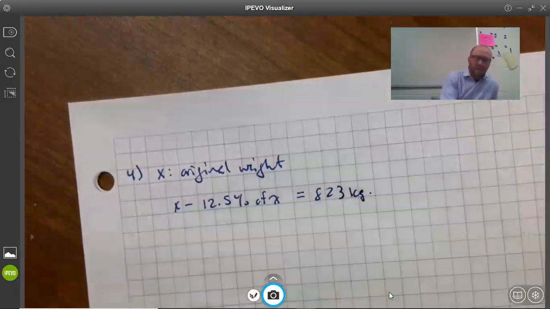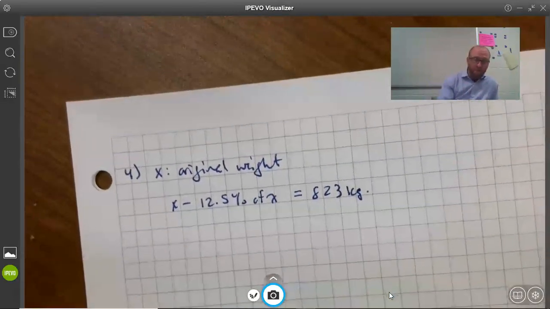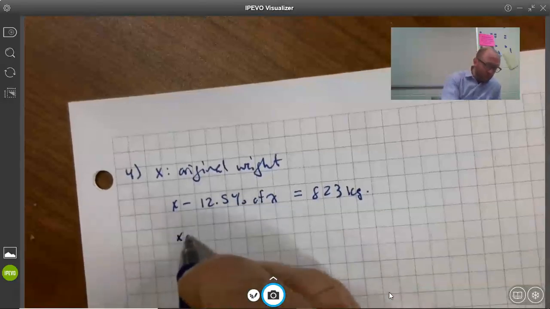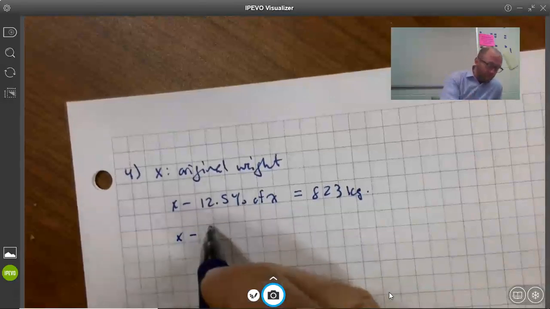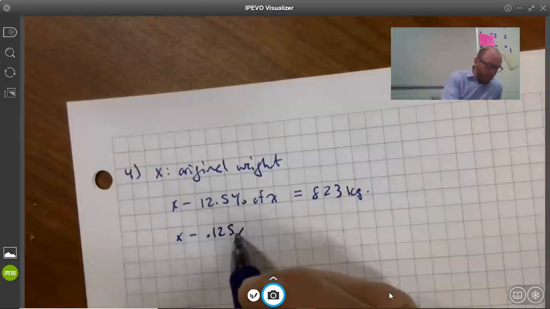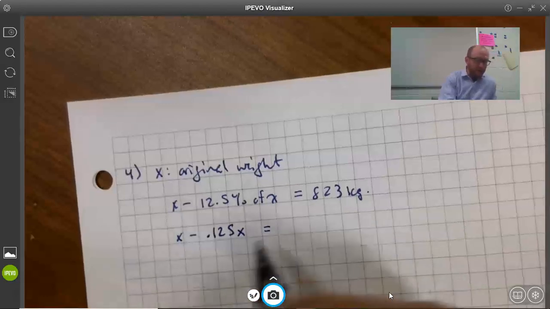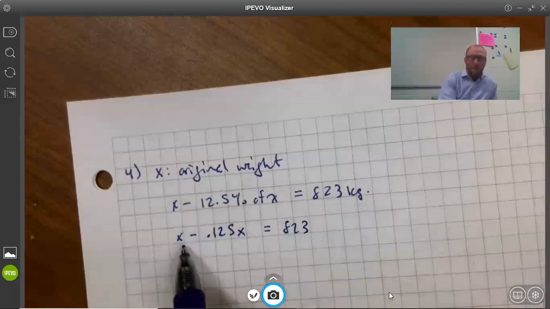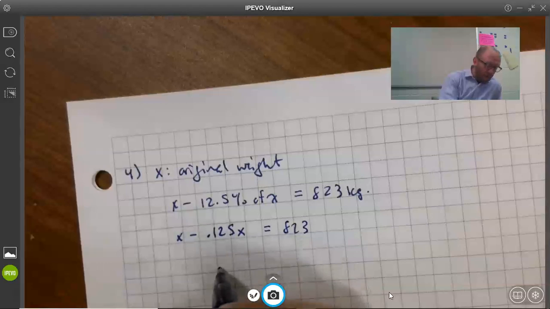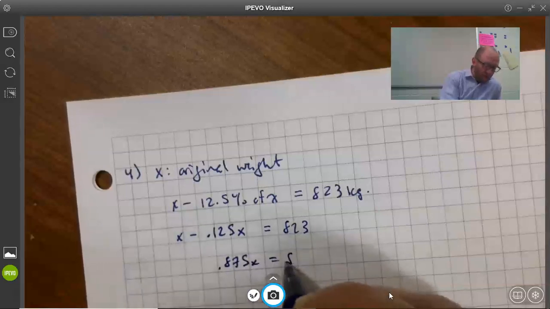823 kilograms after, right? So we'll see that's X minus 12.5% of X, which is 0.125 times X. Of is multiplication, and that's the percent as a decimal. That's 100%, or 1 minus 0.125 is 0.875X.